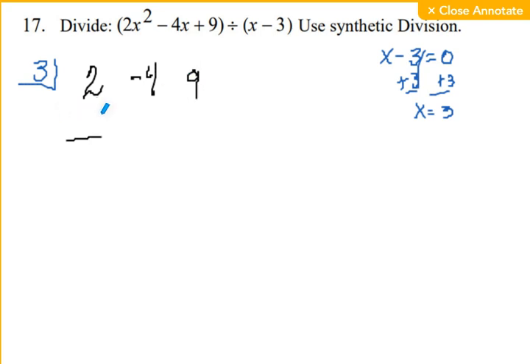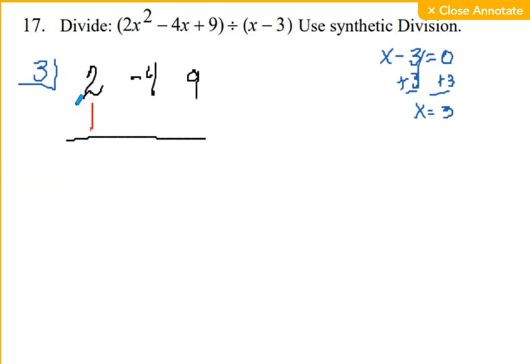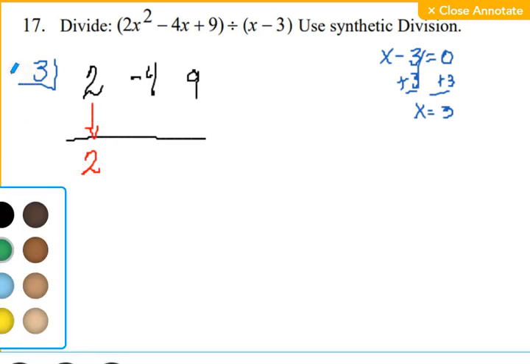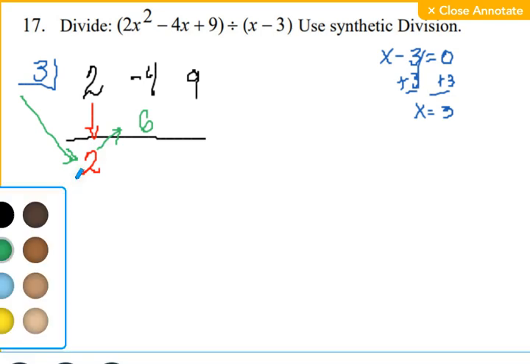All right. So let's see if you remember the process. We bring down the first term all the way down, 2. And then we start our process. What is 3 times 2? 6. All right, there it goes. We combine these.